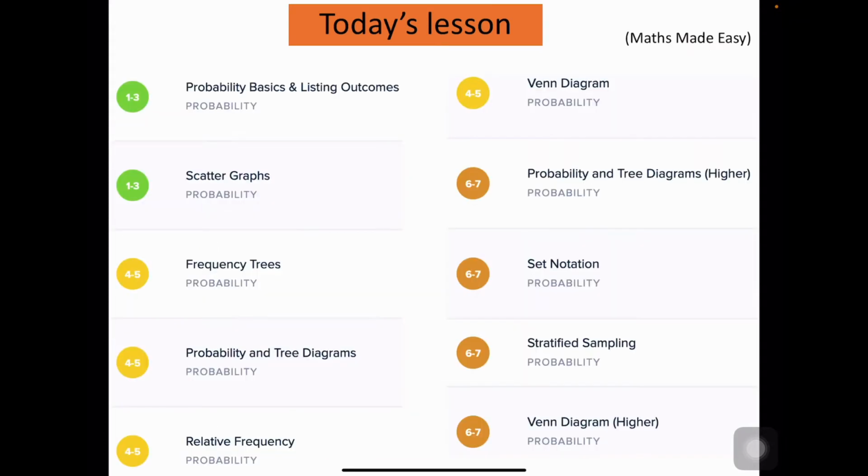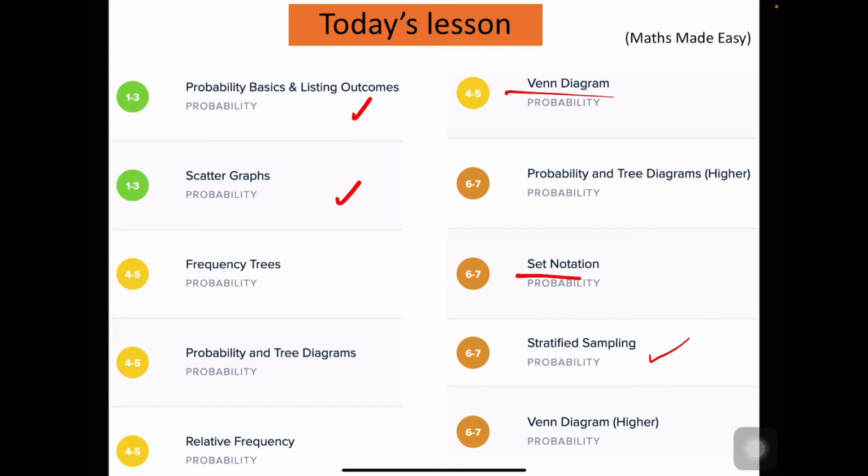So I actually think it's more beneficial to look at Maths Made Easy's list of subtopics within the probability topic. We have covered the basics. We've covered scatter graphs. Of course, today we will do Venn diagrams. Today we will cover set notation. We have covered stratified sampling.